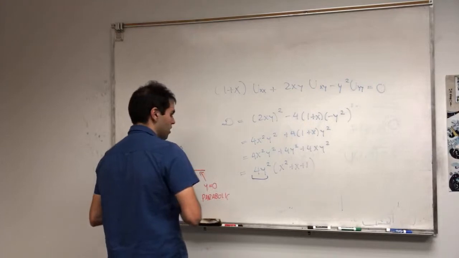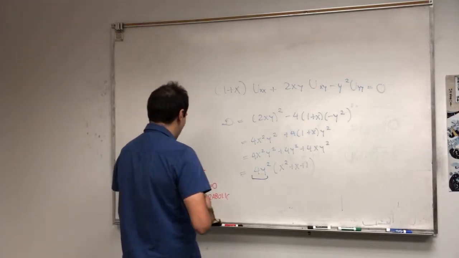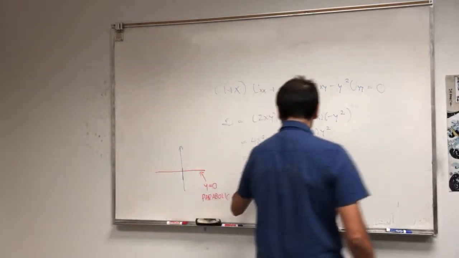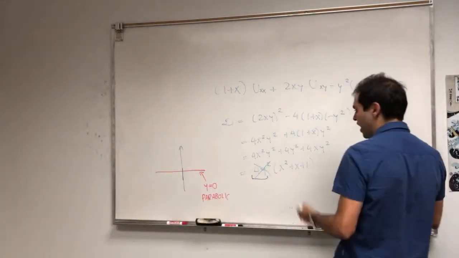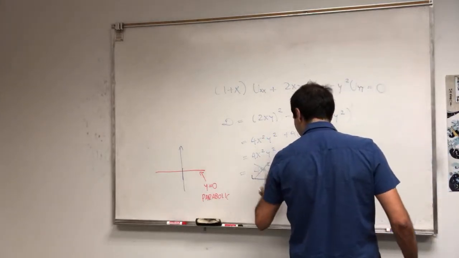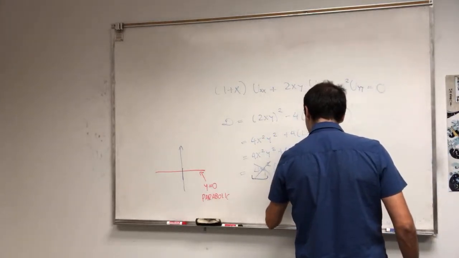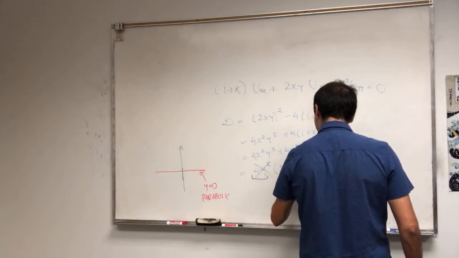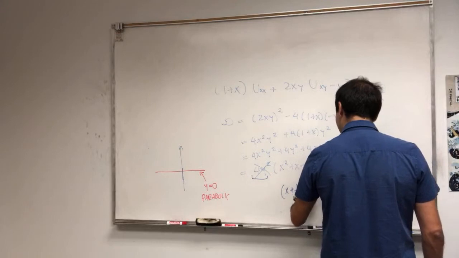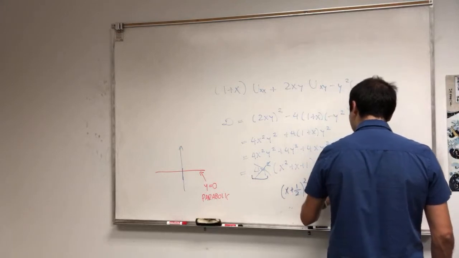From now on, since we're dealing with the other regions, we can ignore this and just deal with the sign of x^2 + x + 1. Let's factor this: it becomes (x + 1/2)^2 minus 1/4 plus 1.